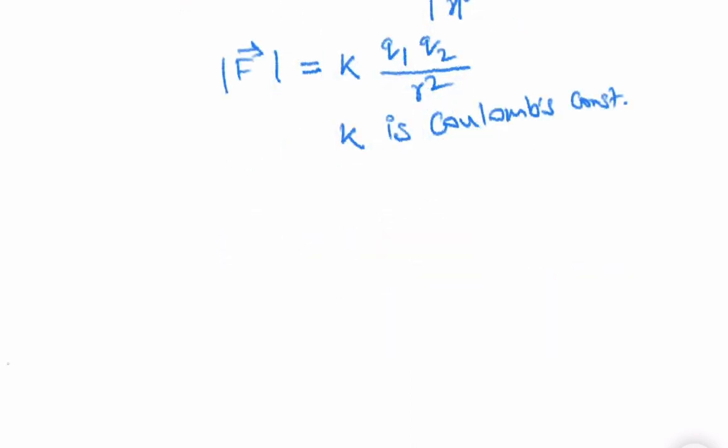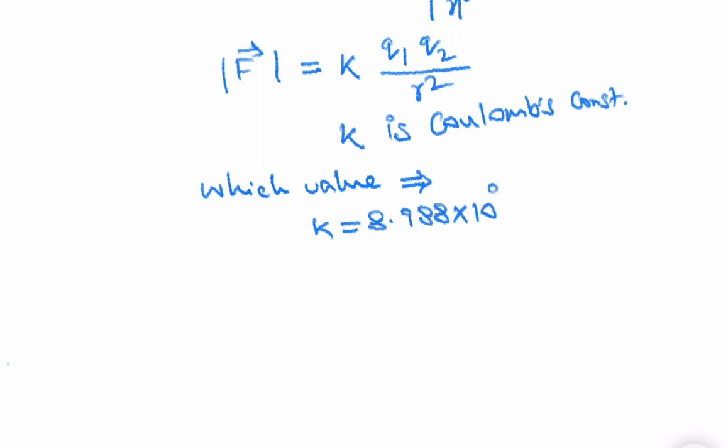which value is equal to 8.988 into 10 to the power 9 meter square per Coulomb square, where Q1 Q2 are two point charges.